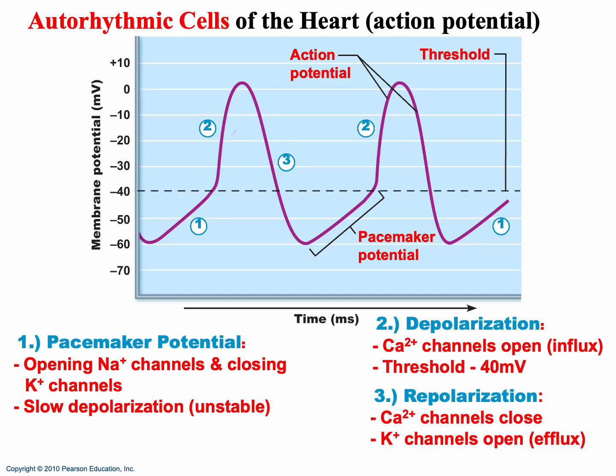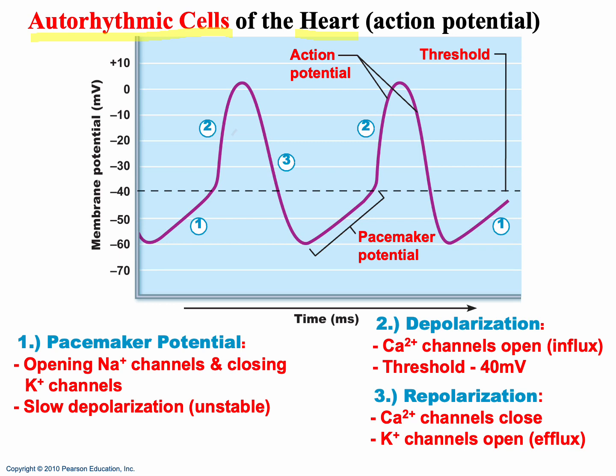All right. Another graph. I know you guys love your graphs. So now we're going to take a look at the graph of the action potential of the autorhythmic cells of the heart. Autorhythmic, again, referring to pacemaker cells. So this graph looks a little different maybe from the action potential graph of the contractile cardiac muscle cells.